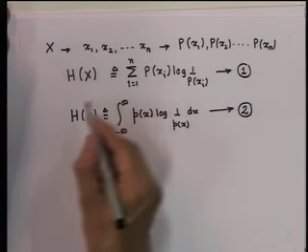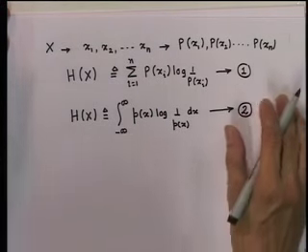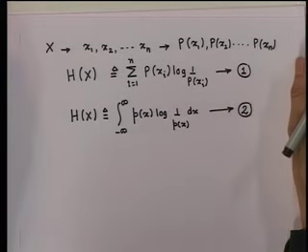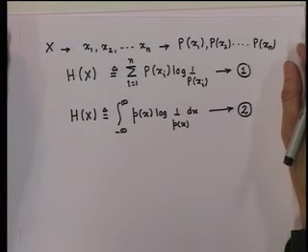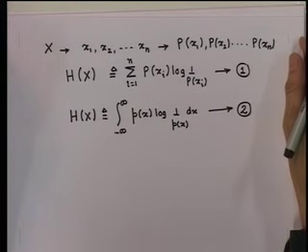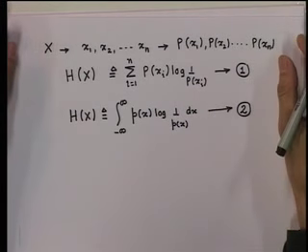We shall see that equation 2 is indeed the meaningful definition of entropy for a continuous random variable. However, we cannot accept this definition unless we show that it also has a meaningful interpretation in terms of uncertainty.